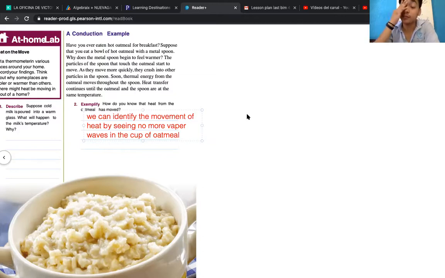Okay, very good. And then number 3, it says the question. Suppose cold milk is poured into a warm glass, what will happen to the milk's temperature? Okay, who can answer that question for me?